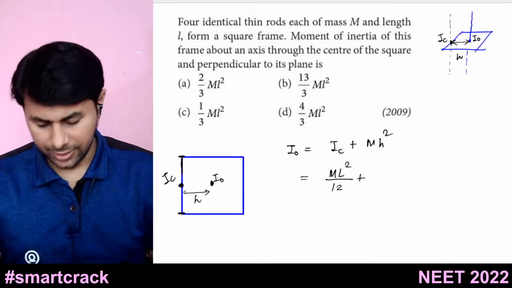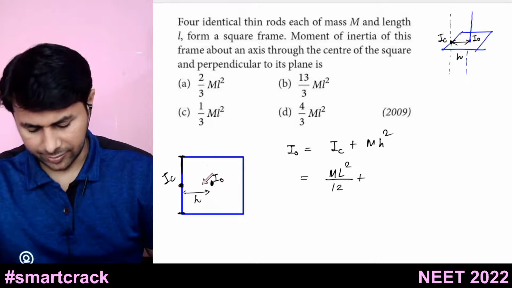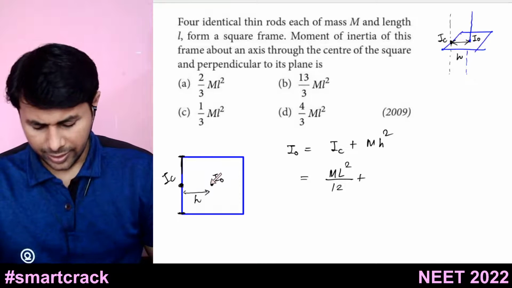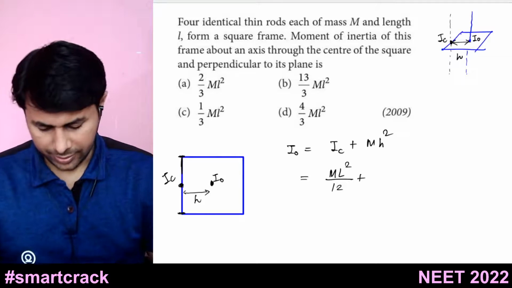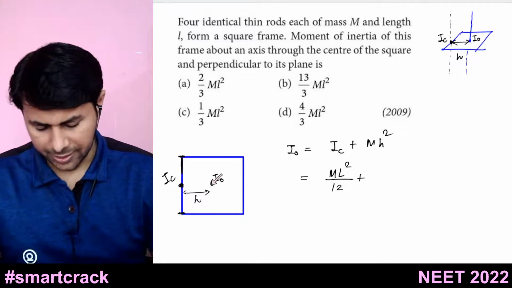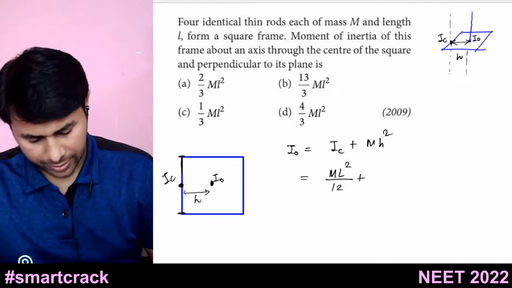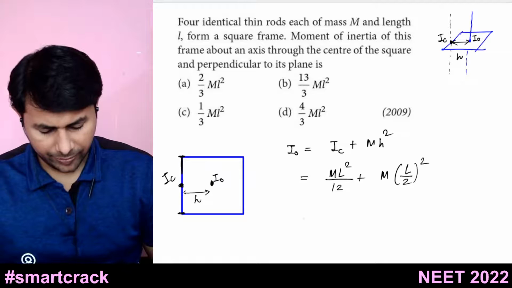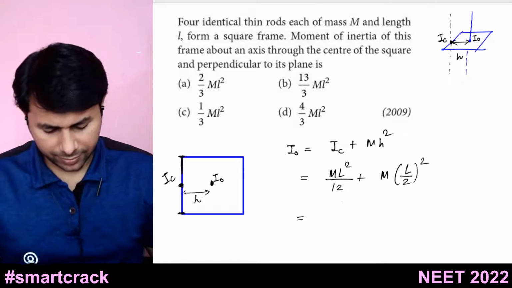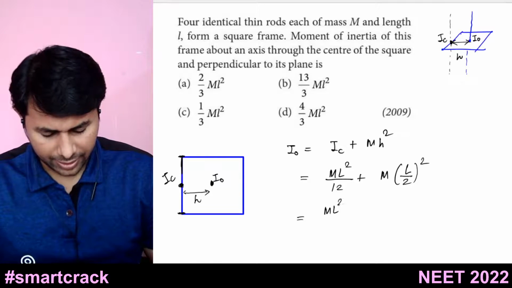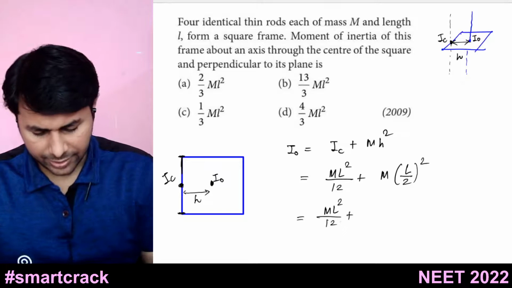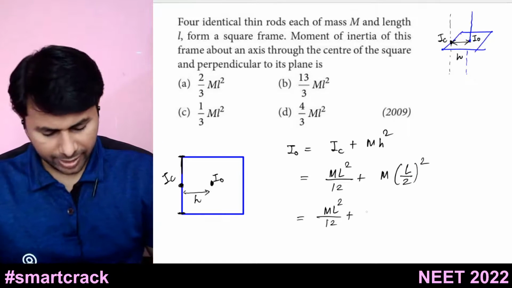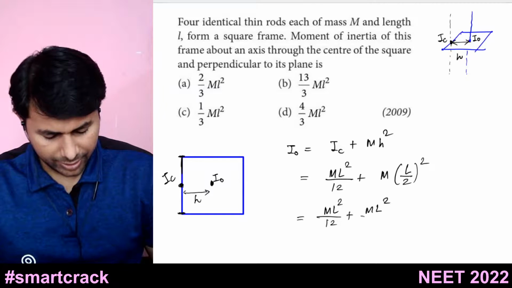What is h? h is this much distance. If L is the length of this rod, it is half of that, because this is the center of the square. So m into (L by 2) square, which will be ml square upon 4.